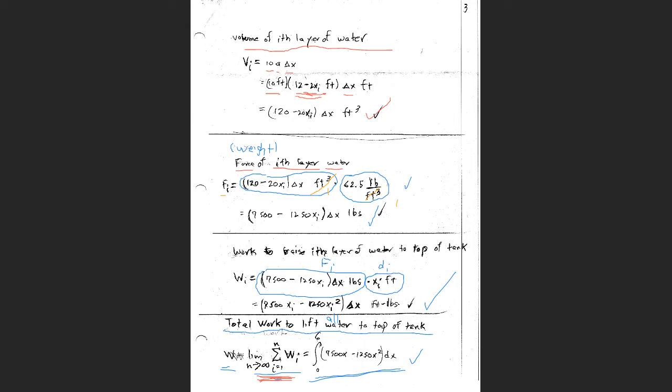We're using delta x for the height of the ith layer of water. Just like in the last problem, we used delta x for the width of the ith piece of rope or cable. Same thing, same principle. All right, very good question.